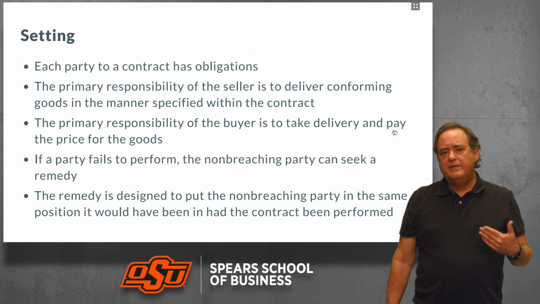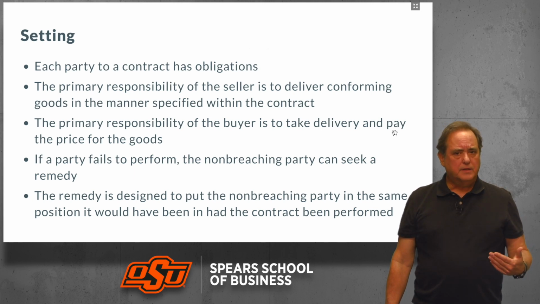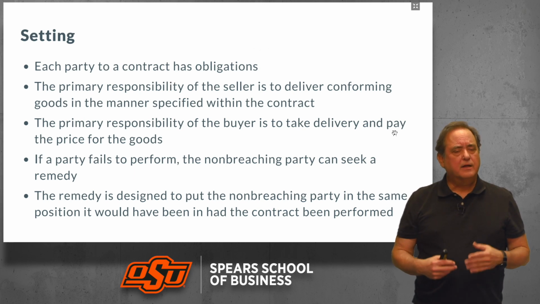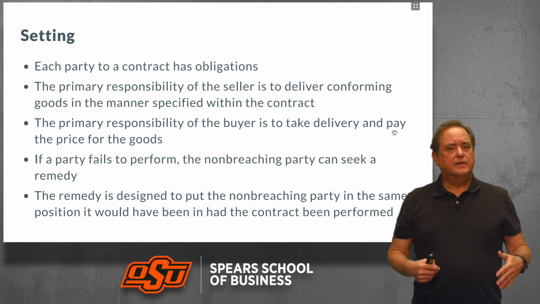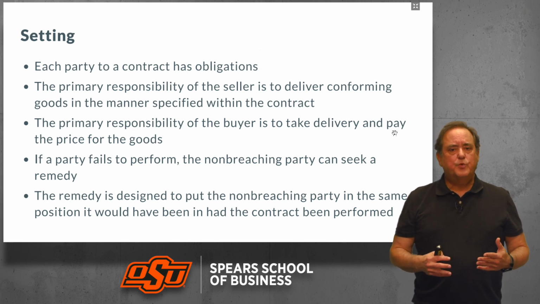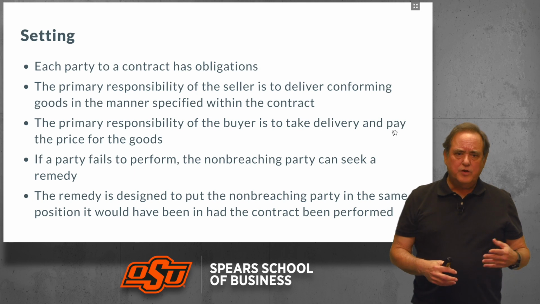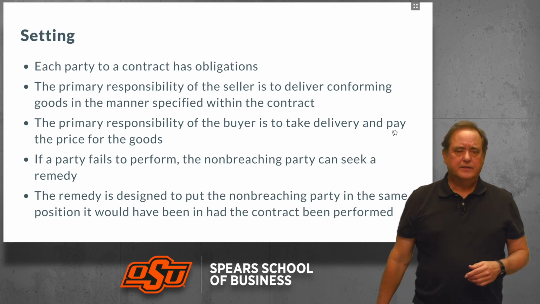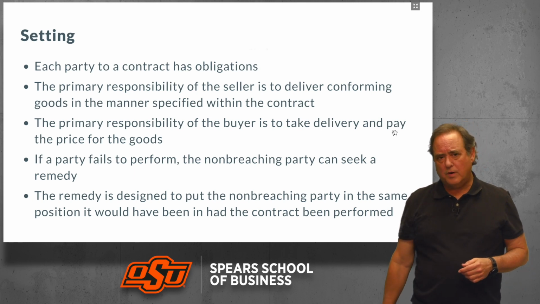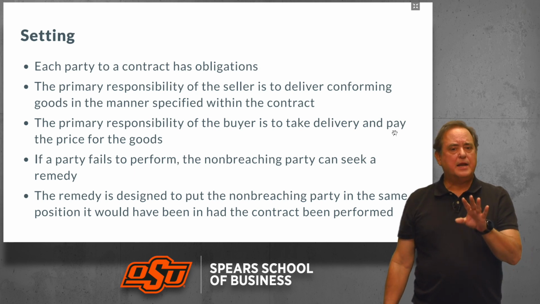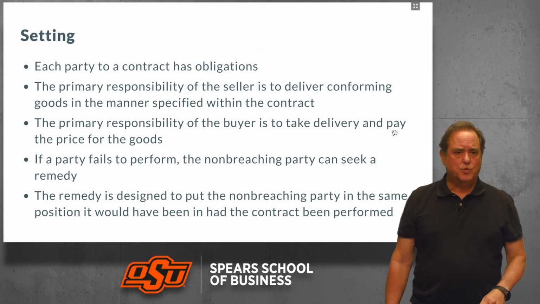Now, if a party fails to perform, in other words, breaches the agreement, the non-breaching party is entitled to seek a remedy. And the remedy is designed to put the non-breaching party in the same position it would have been in had the contract been performed. And we'll be talking a lot about that throughout the remedies and damages portion of the course.